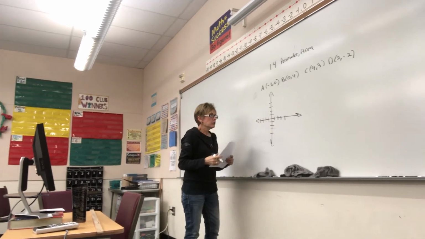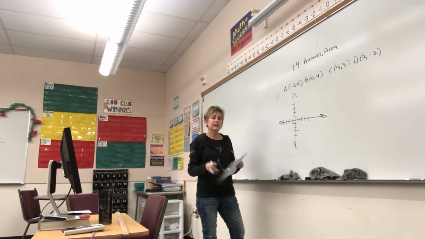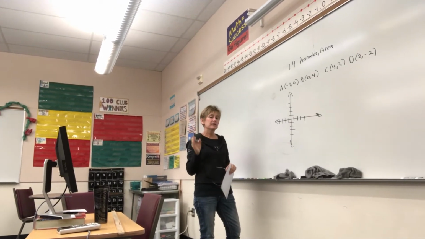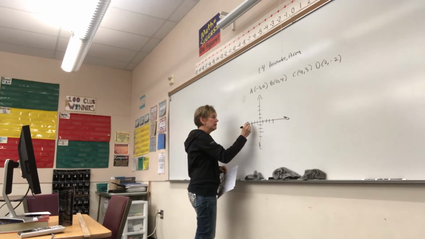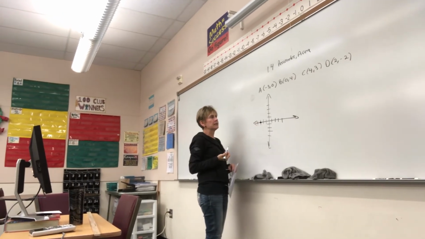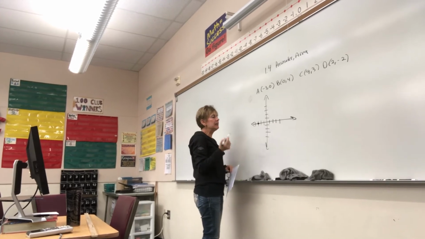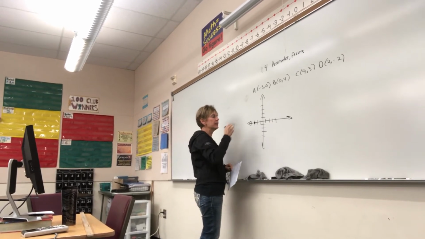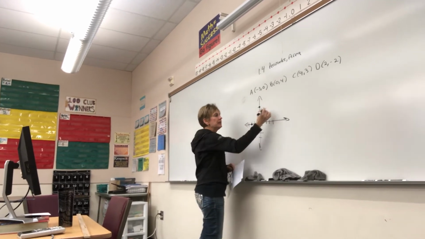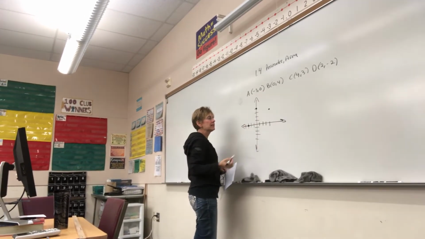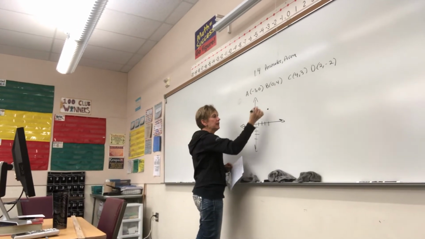Okay, so remember, when we're plotting points, the first one is the X and the second one is the Y. So if point A is at -3, 0, it means I'm going to go 3 to the left and 0 up. If B is at 0, 4, it means I go 0 left or right and then 4 up. C being at 4, 3 means I would be going 4 over and 3 up.